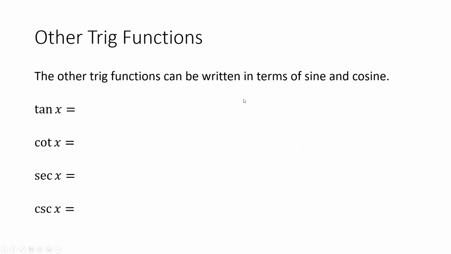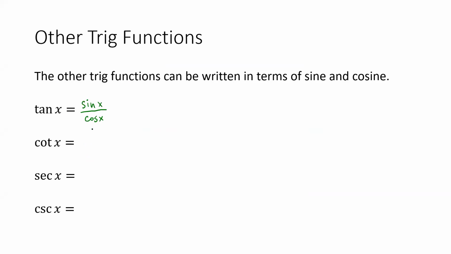One thing to remember is that all the other trig functions can be written in terms of sine and cosine. Remember, so like, how can I write tangent in terms of sine and cosine? Sine over cosine. How about cotangent?